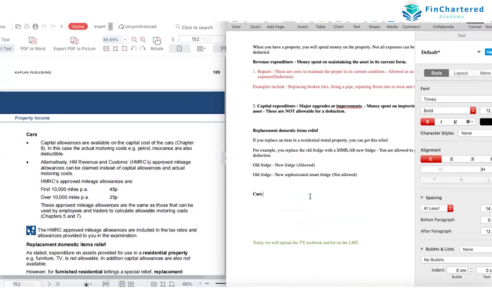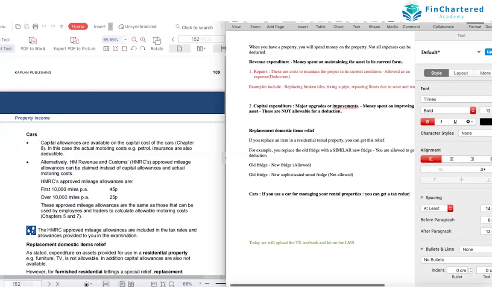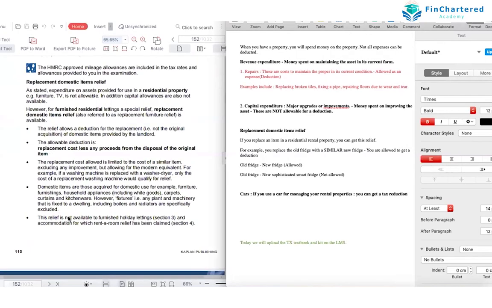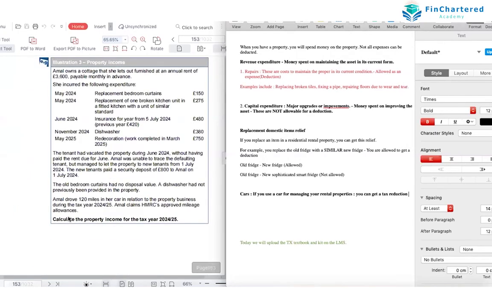But if you use a car for managing your rental properties, you can get a tax reduction, which is something we will look at in the coming illustration.